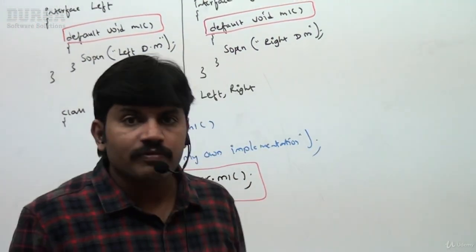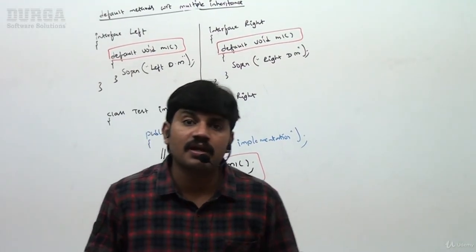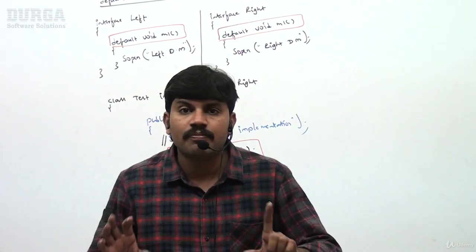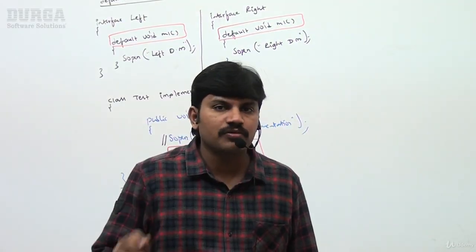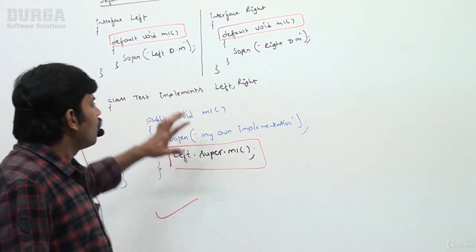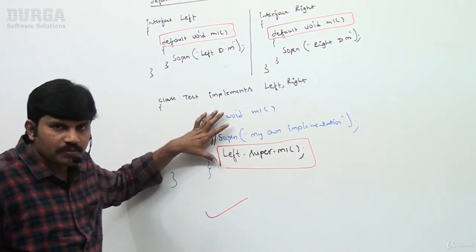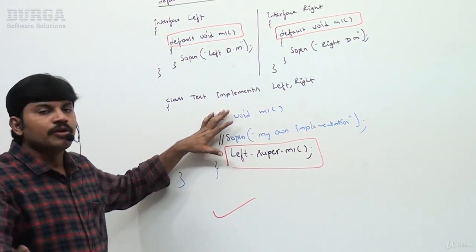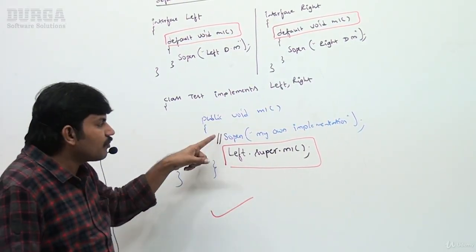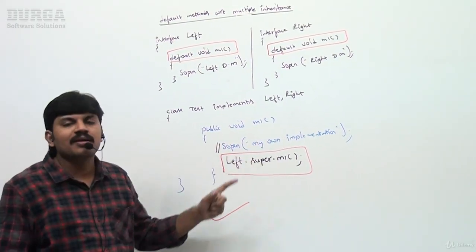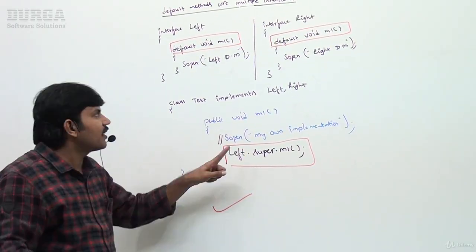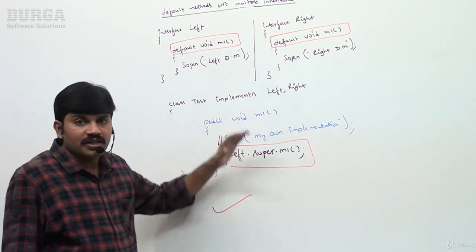With default methods there may be a chance of an ambiguity problem in the case of multiple inheritance. How can you solve this problem? Simply override that method in the implementation class based on your requirement. While overriding, you can provide a completely new implementation, or you can call the parent interface's method.